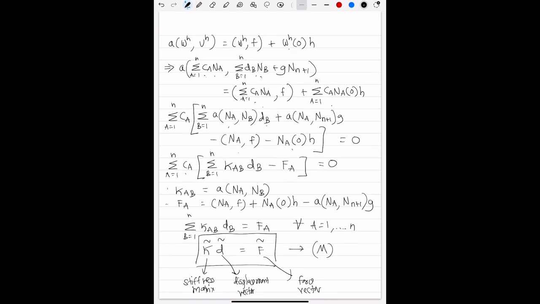The other thing that I would like to highlight is that once we assemble this matrix K based on the definition Kab and the right hand side F based on the definition for F, we can then solve this system of equations and get the unknown displacement vector D. And once D has been obtained, we can then generate the solution at any value x using this equation.